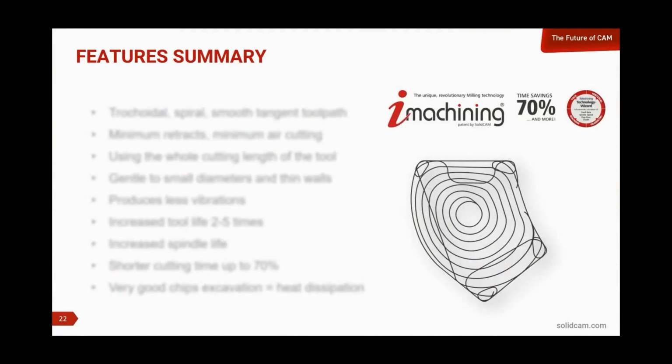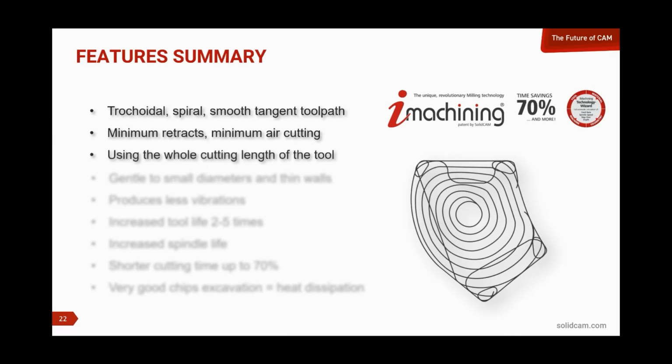Now, let's go through the feature summary here and reiterate what we're looking at. We do trochoidal, spiral, and smooth tangent toolpaths. We integrate that with minimum retracts, and we really drop down the amount of air cutting because we know exactly where the stock is. We generally get to use up to the whole cutting length of the tool.